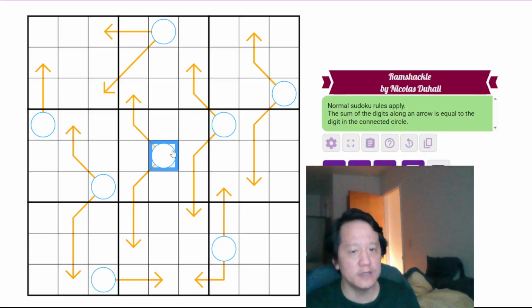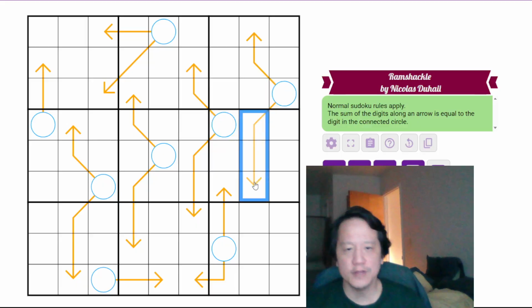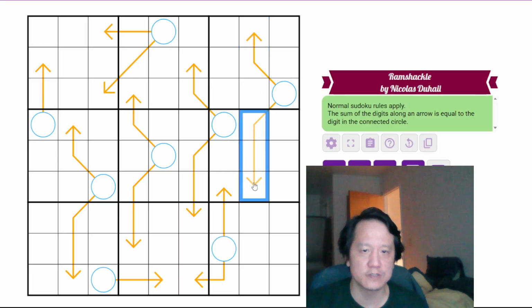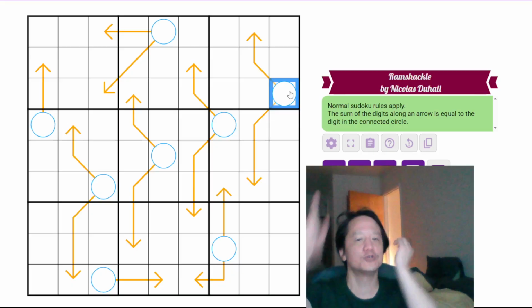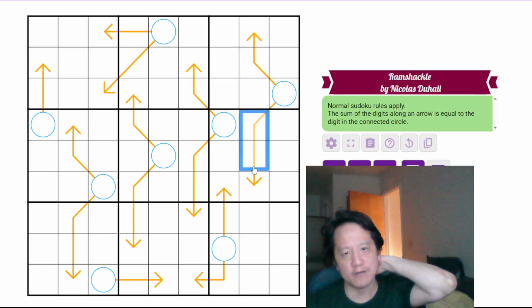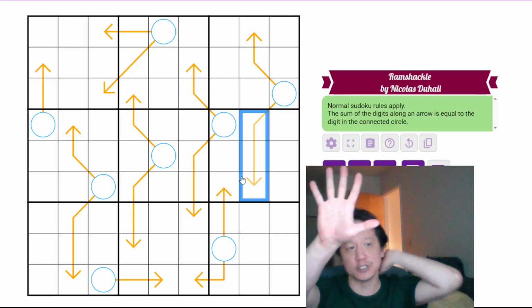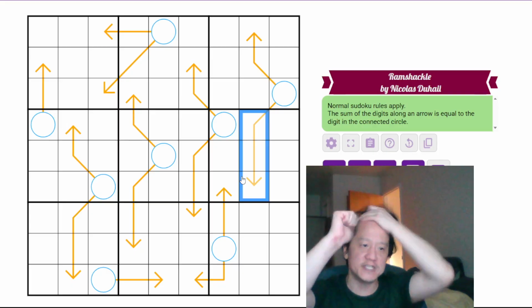Okay, so these are interesting because it's a sum. These 5 digits must sum up to this digit twice, right? So it's equal to 2 times whatever this digit is. Well, the minimum you can have for 5 unique digits is 1, 2, 3, 4, 5, which is 15.